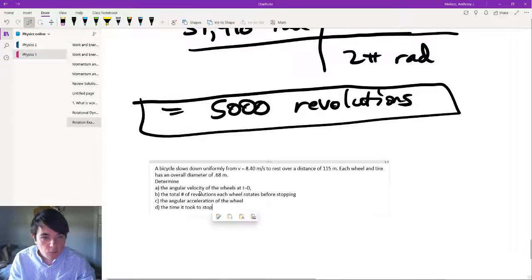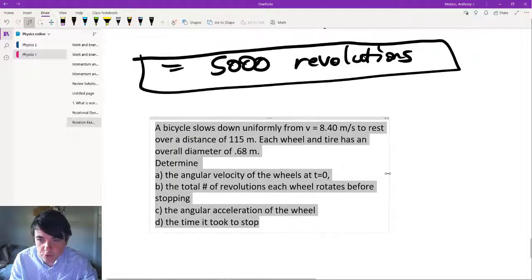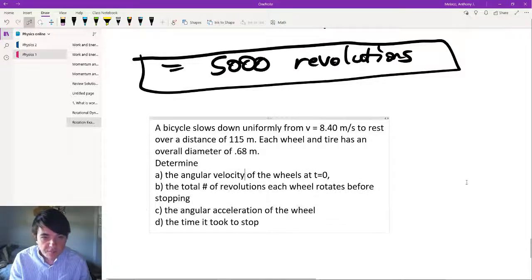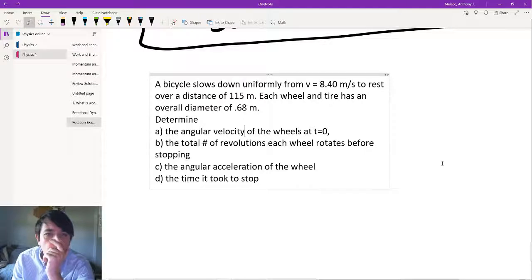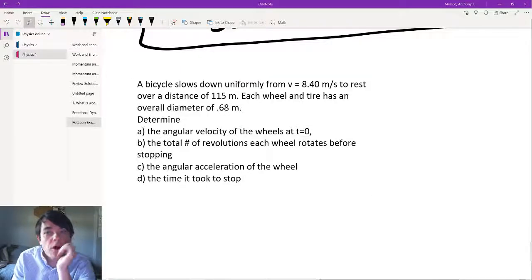The next type of problem we're doing is another kinematics one. This chapter of the book really focuses on kinematics, so there are quite a few questions. A bike slows down uniformly from v equals 8.4 meters per second to rest over a distance of 115 meters.